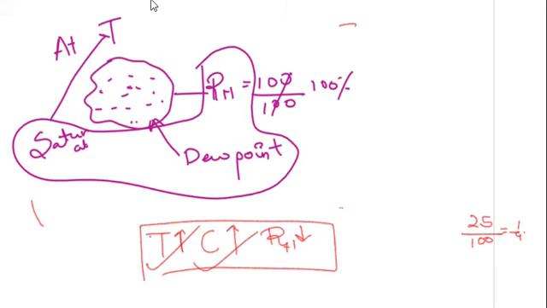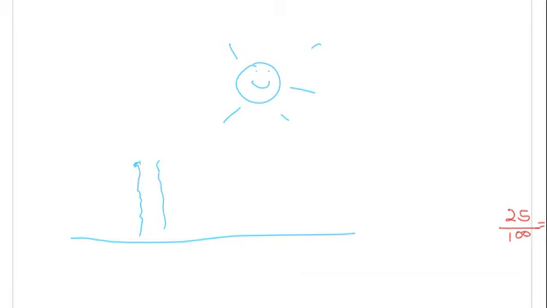Now we will understand how clouds are formed. Let this be the ground. Due to insolation, vaporization is taking place. So the wind is carrying moisture, and at some point the complete holding capacity is reached.